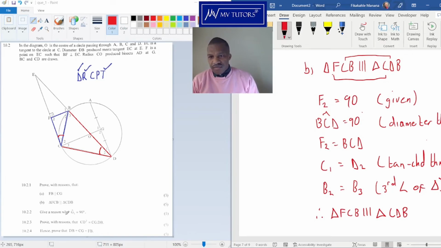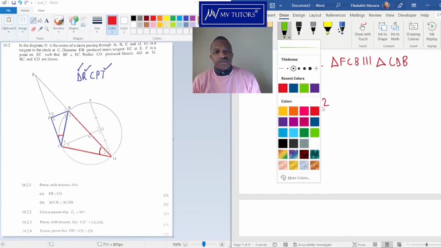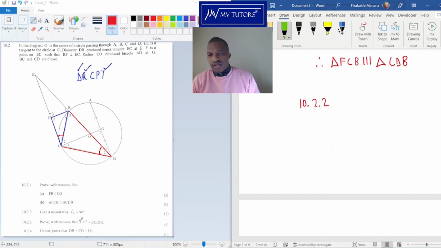It says give a reason why G2 is equal to 90 degrees. Okay, this is now question 10.2.2. We'll use a different color. Let's go green. Give reason.